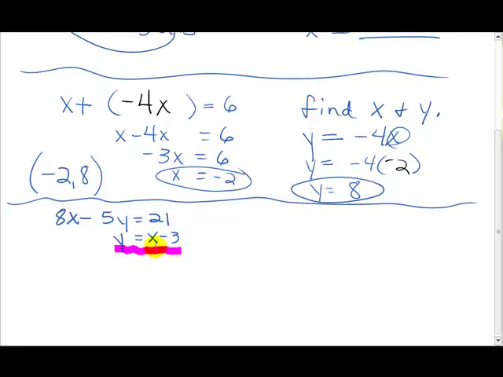We want it to say y equals. So x minus 3 is our substitute, and it goes right here for that y. Right in there.